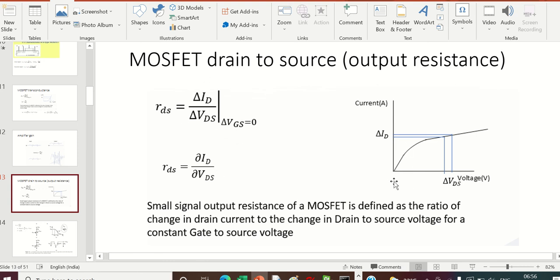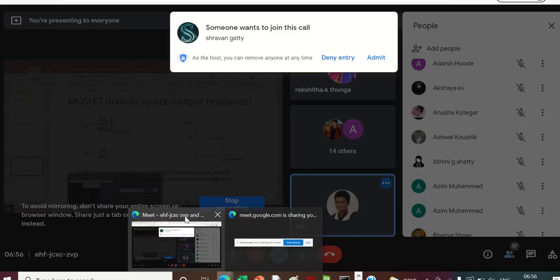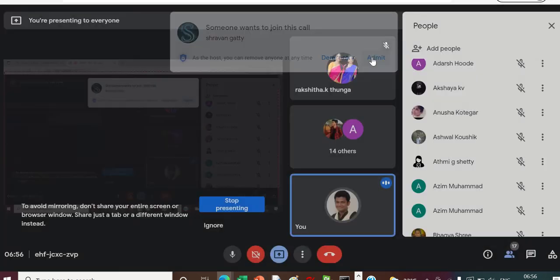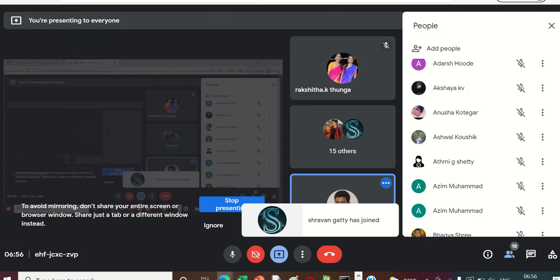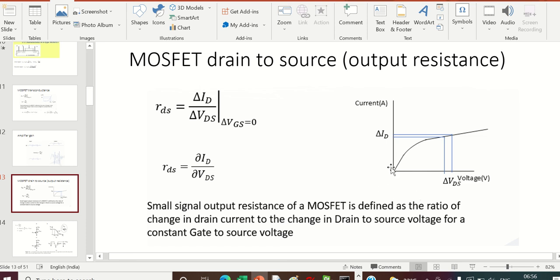This is VDS, this current. If you see this resistance, this resistance which is seen is this, and we will have delta ID by delta VGS, that is your resistance.